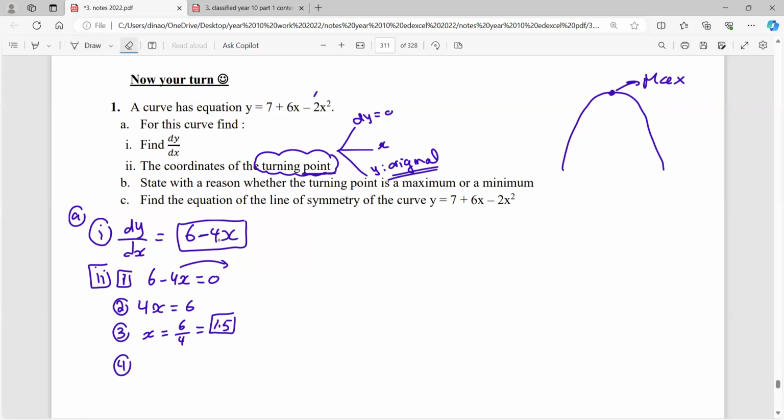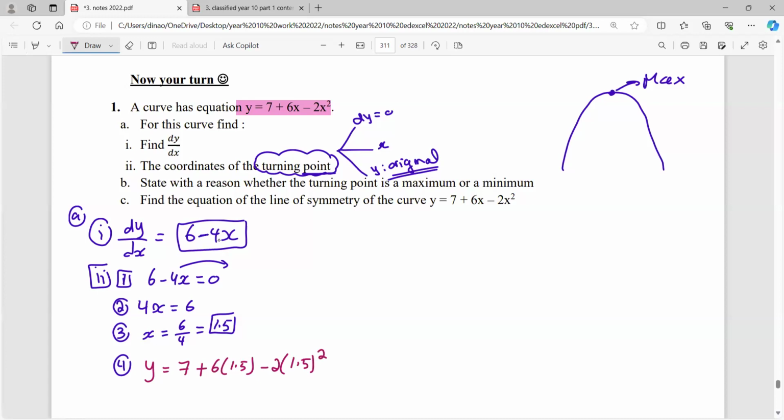Let me just highlight the original equation to show it to you. This is the original equation over here. So we say y equals 7 plus 6 times 1.5 minus 2 times 1.5 squared. I put it in the calculator: 7 plus 6 times 1.5 minus 2 times 1.5 power 2.